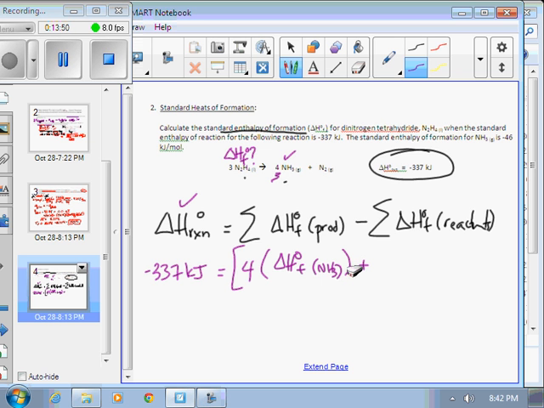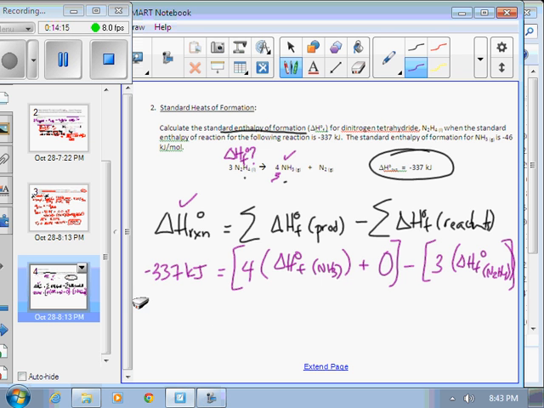Well, what's the heat of formation for nitrogen, an element in its most stable form? 0. Please remember that, okay? Heats of formation of an element just sitting there by itself is 0. Minus the heats of formation of the reactants. So 3, because there's 3 of them, delta H of formation of the N2H4.